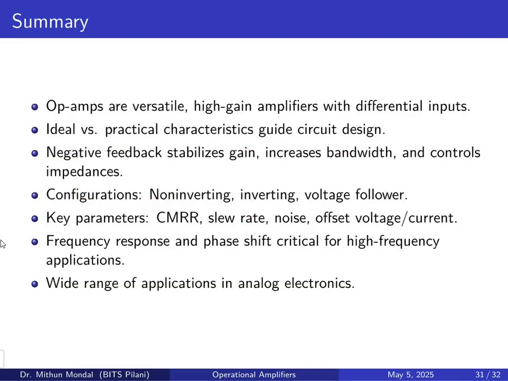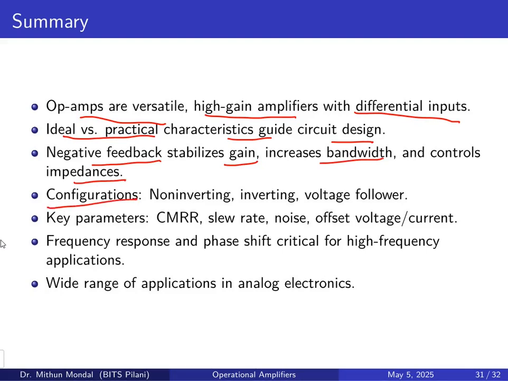Let us summarize what we have studied in this lecture. Op-amps are very versatile. It is a high gain amplifier with differential input. The ideal versus practical characteristics will guide the circuit design. Negative feedback will stabilize the gain, increase the bandwidth, and control the impedance. Configurations: we have non-inverting, inverting, and voltage follower.